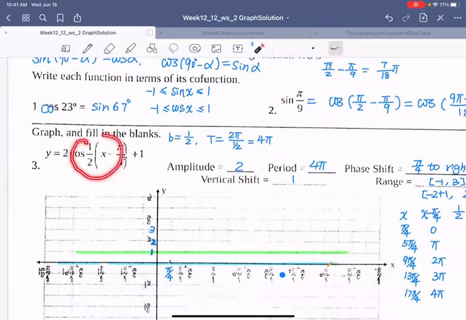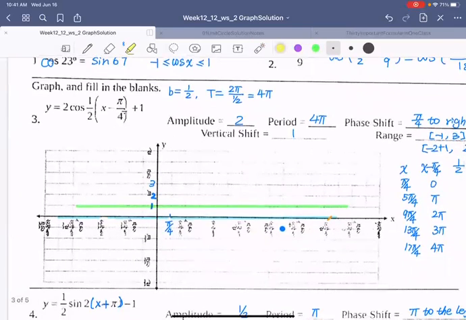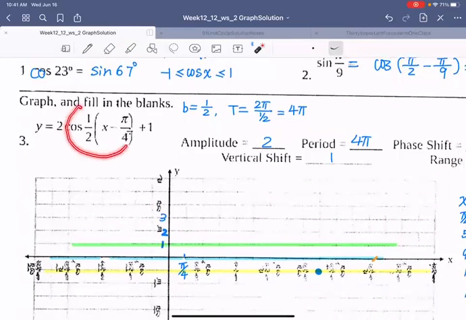So if this guy reaches -1, then this is -2. -2 plus 1 is -1. So the lowest point is going to be over here. At the maximum, if this guy goes to 1, 2 times 1 plus 1 equals 3.